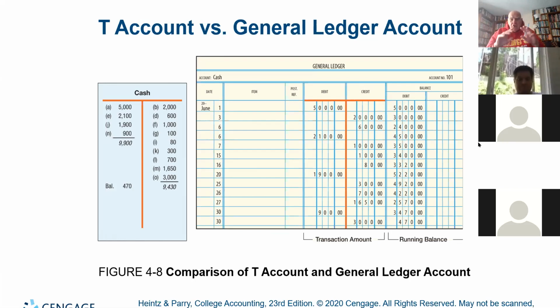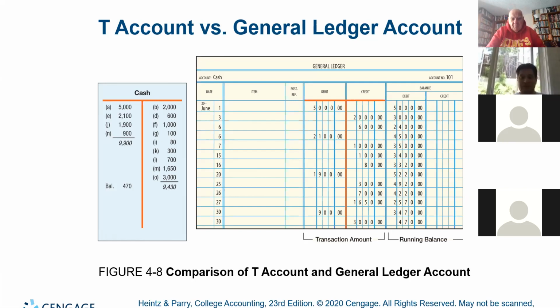So your general ledger, think of it as two T accounts side by side. The first pair represents the activity. The second pair keeps the running balance. And you notice you see nothing on the credit side here with the running balance. Why is that?